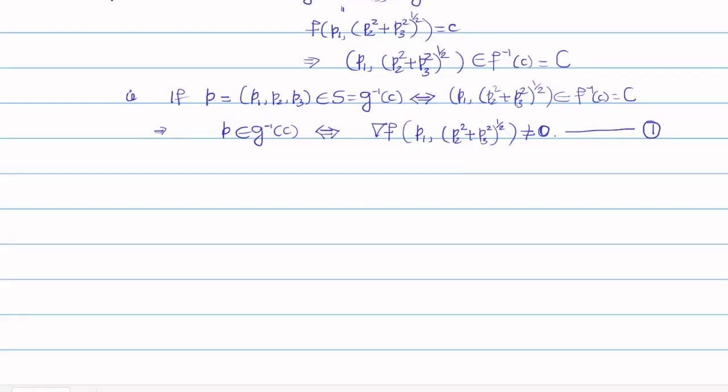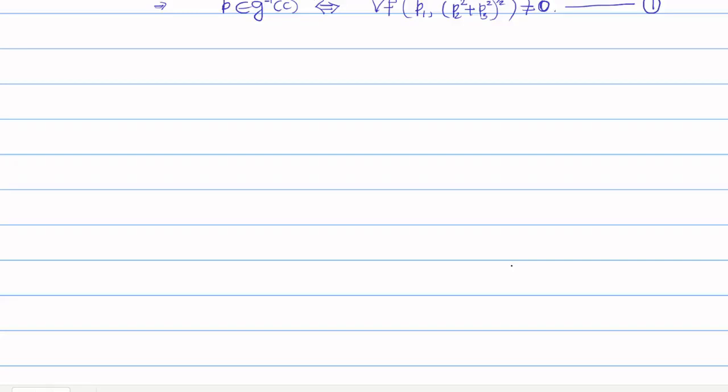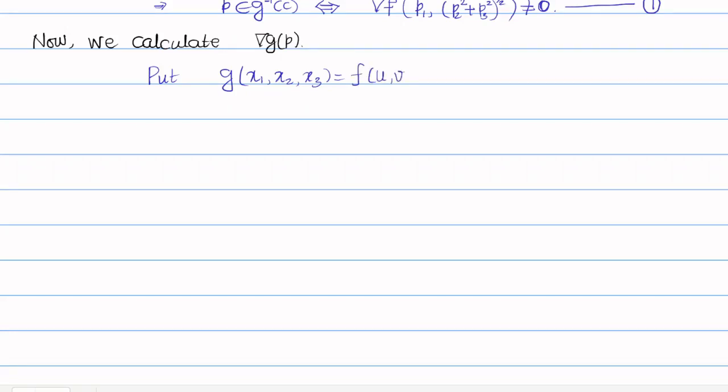Okay, sure. Now let us calculate what is my del G of P, இது என்ன அப்படிங்கறத கால்குலேட் பண்ணுவோம். சரி, இதை கால்குலேட் பண்றதுக்கு முன்னாடி நான் இப்ப என்ன பண்ண போறேன் அப்படின்னா, put G of x1, x2, x3 equal to f of u comma v அப்படின்னு எழுதிக்கிறேன்.